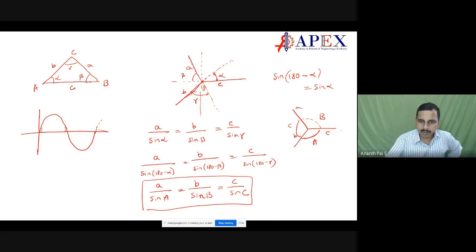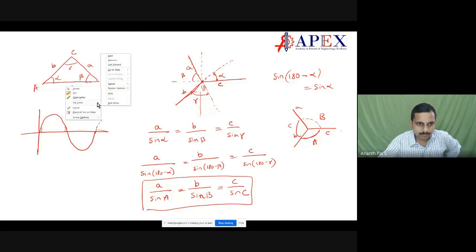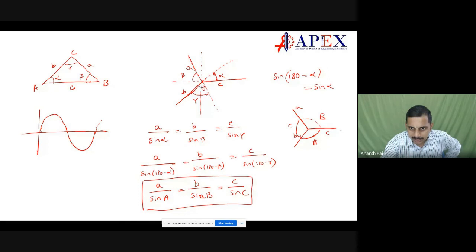This angle is 180, correct? And this is alpha. This is A, correct? And what is alpha? I made a mistake with alpha, students.